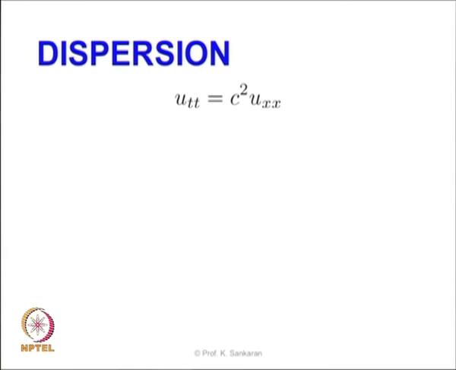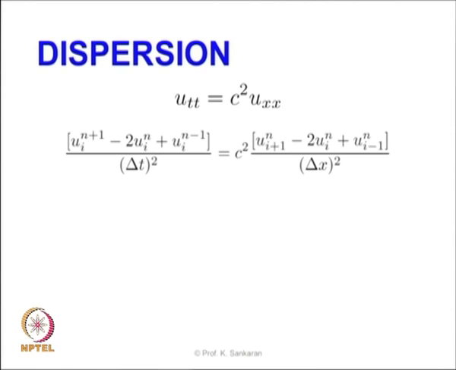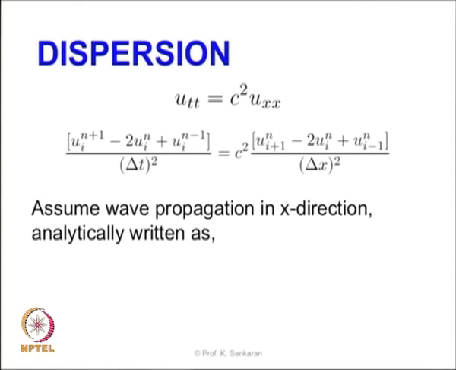We know that we can approximate the second order time derivative and second order spatial derivative using the central differencing scheme. Let us assume that the wave is moving in the x direction. Our analysis says that if we have a wave propagating in the x direction, we can write the analytical solution.